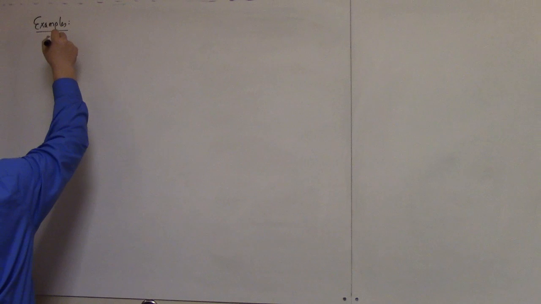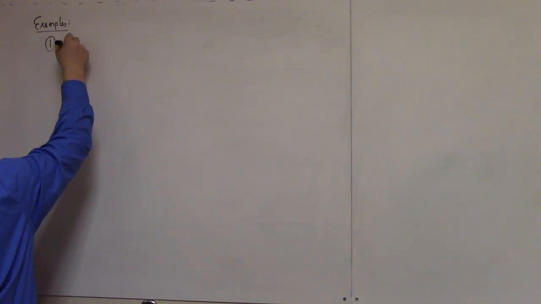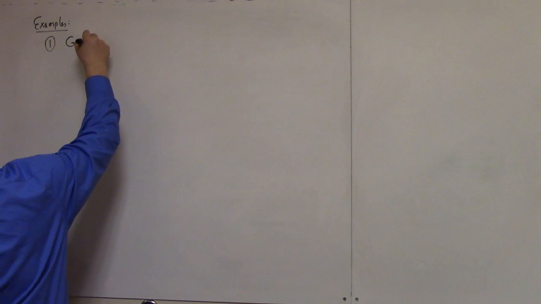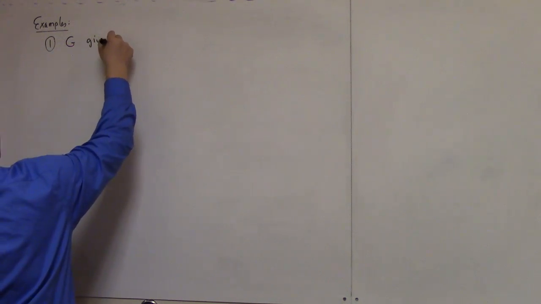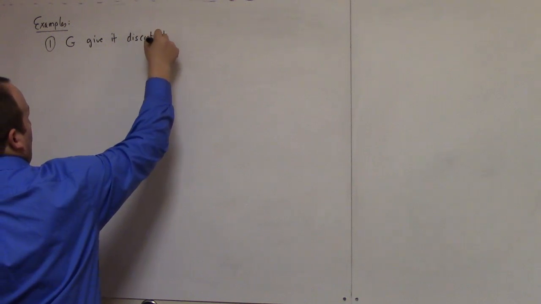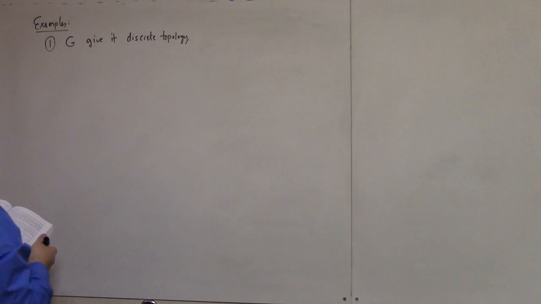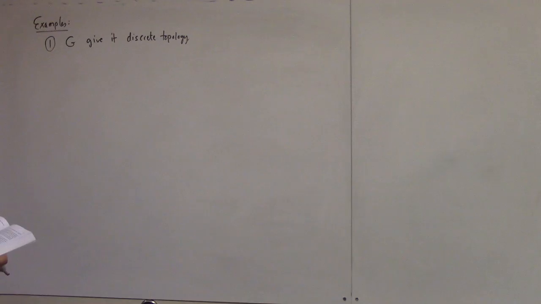One, if you take G and give it the discrete topology, so let G be any group, okay? Any group with the discrete topology becomes a topological group.